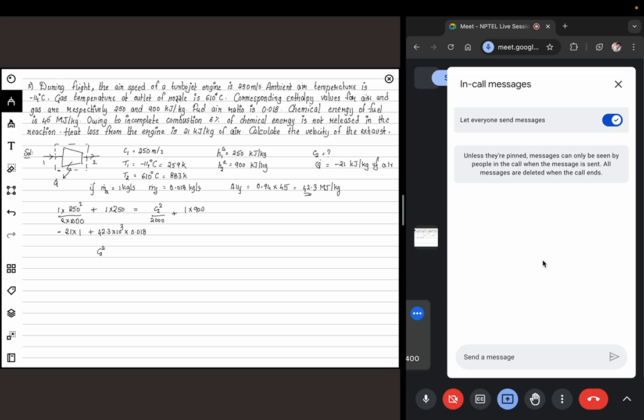So from this you get C2 square. Are there any queries?